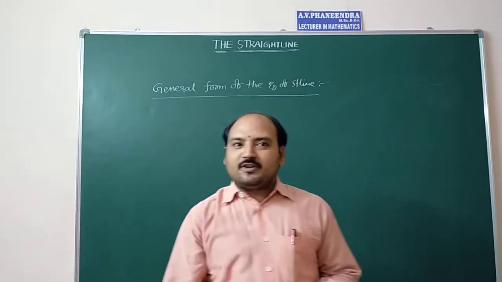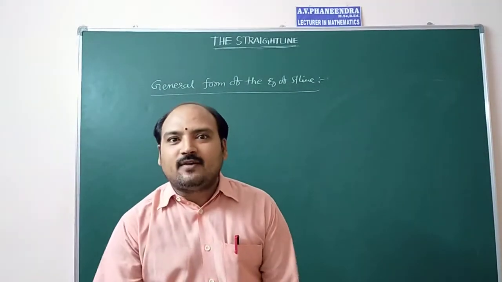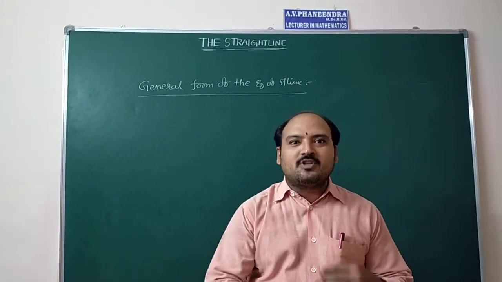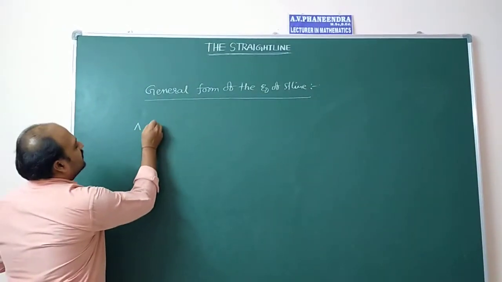And one more definition for the general equation. The locus of a first degree equation in x and y is also called a straight line, or the general form of the straight line.